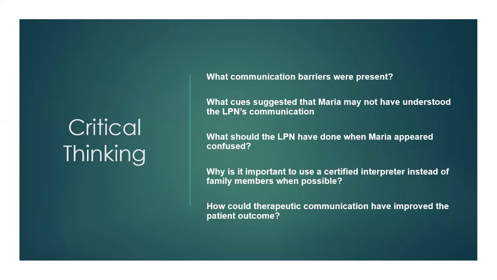Okay. So what should the LPN have done when Maria appeared confused? Got an interpreter so she can assess her, and she should have tried to understand what she was saying. I heard someone say stop. She should have stopped in her tracks, just stopped, and told the charge nurse as well.